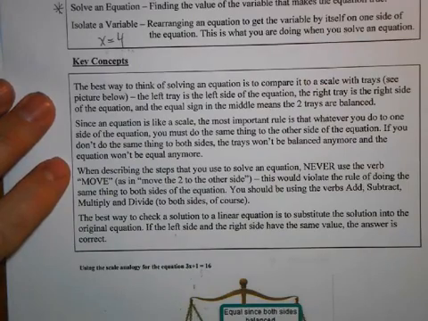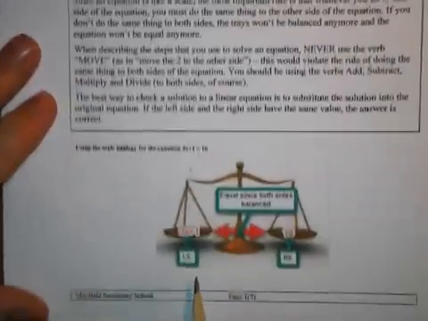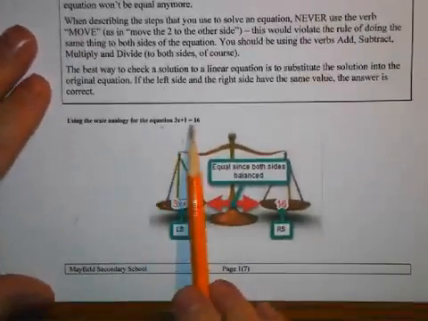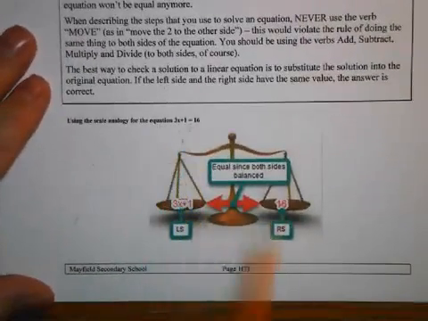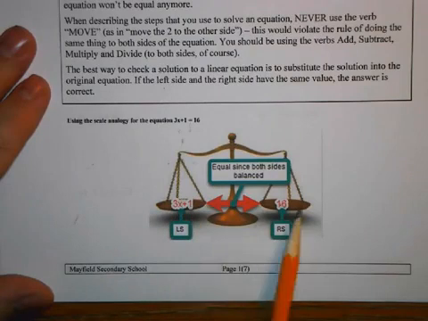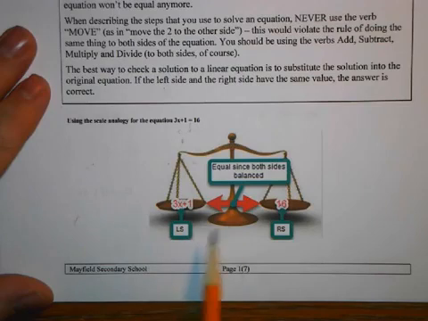So, for example, for this one here, 3x plus 1 equals 16. We talked about how we have the different trays. If I solve this and, say, I got the answer x equals 5. The thing about solving equations is you can always check your answer. Now I never feel 100% confident until I check the answer.